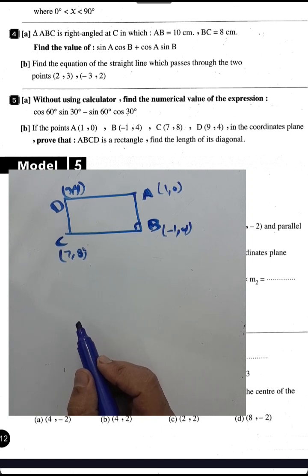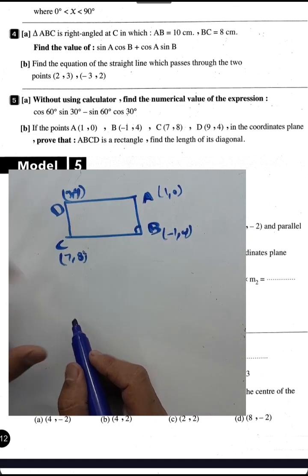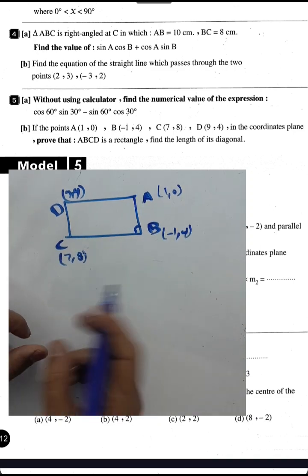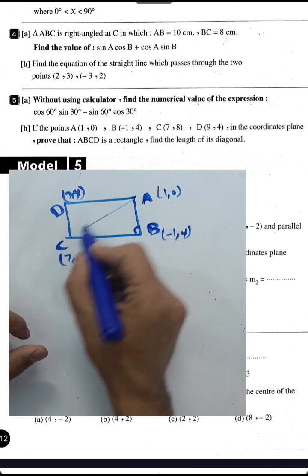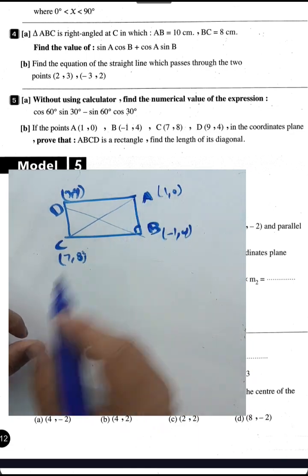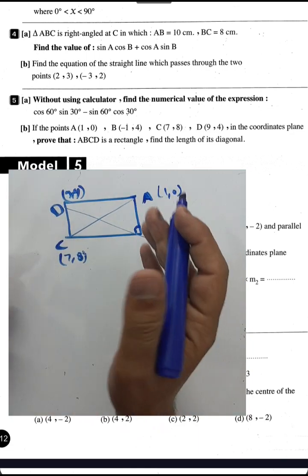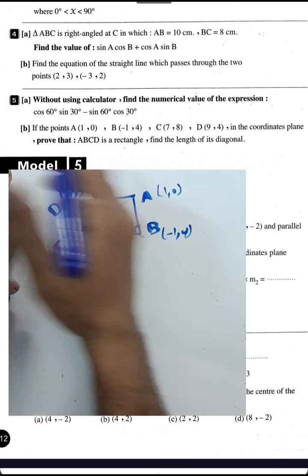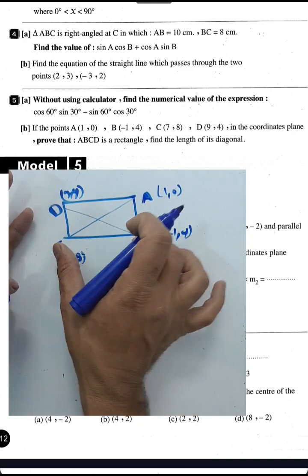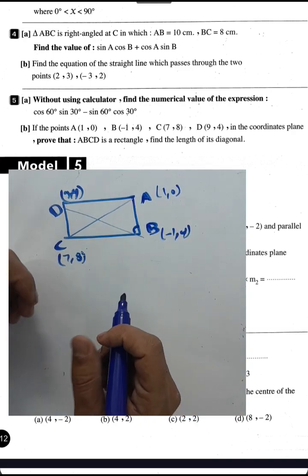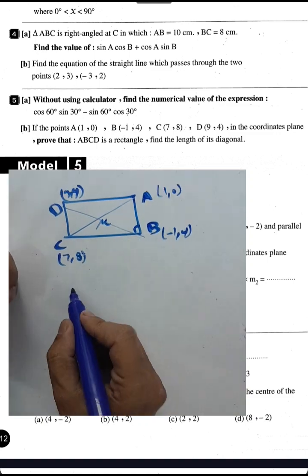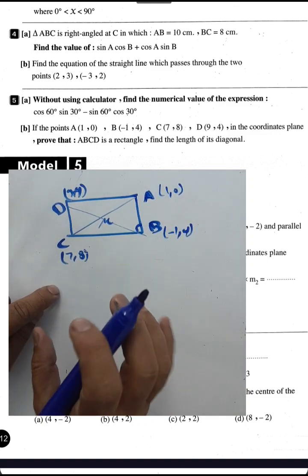We can first prove that this figure is a parallelogram, and then prove that the diagonals are equal lengths. Or you can prove that AB equals DC and AD equals BC, and AB is perpendicular to AD, then it will be a rectangle. But the easy method is to put M as the midpoint here to prove first that it will be a parallelogram.